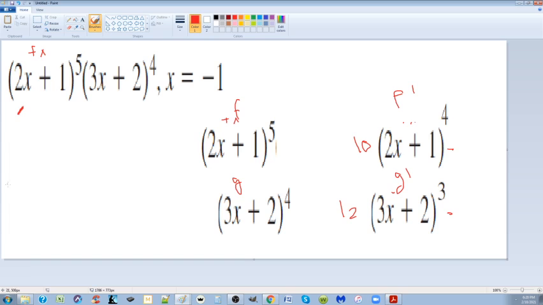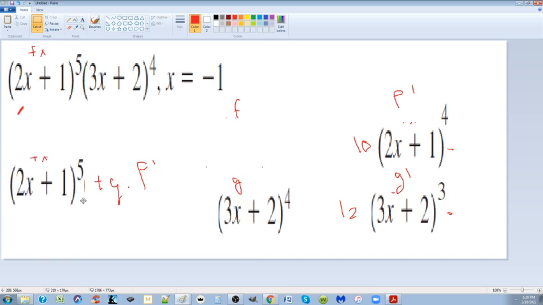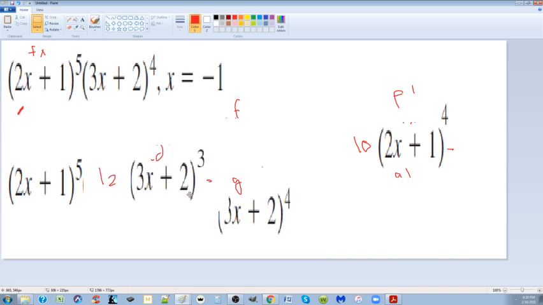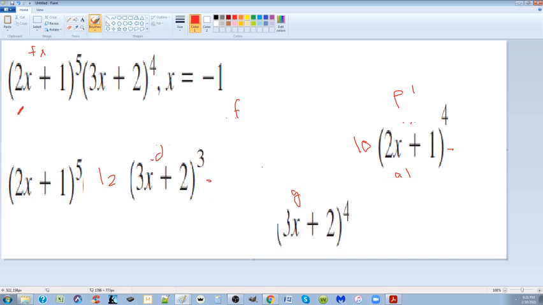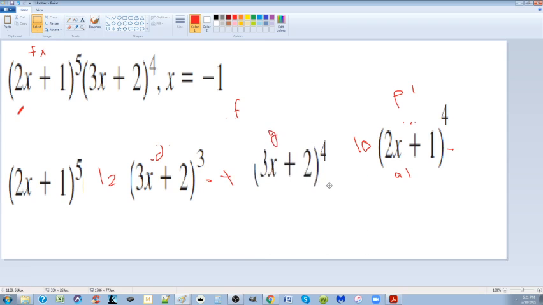Now I just use my product rule, which says f of x times the derivative of g plus g of x times the derivative of f. And I just replace them each time. There's my f of x times my g prime of x, don't forget the 12, plus my g of x times my derivative, which I solved already, of this.